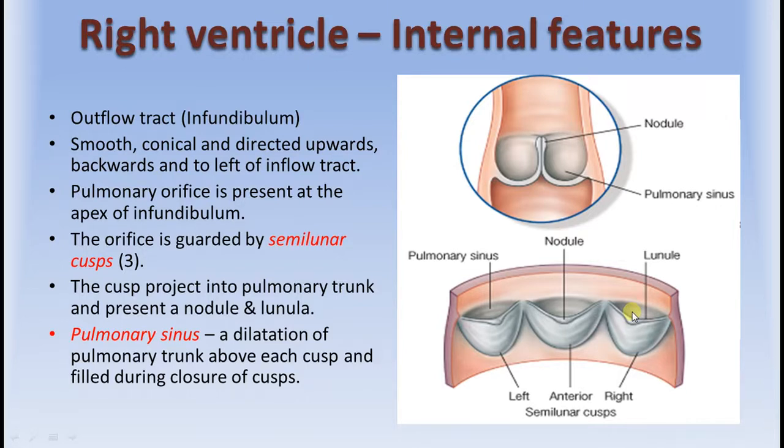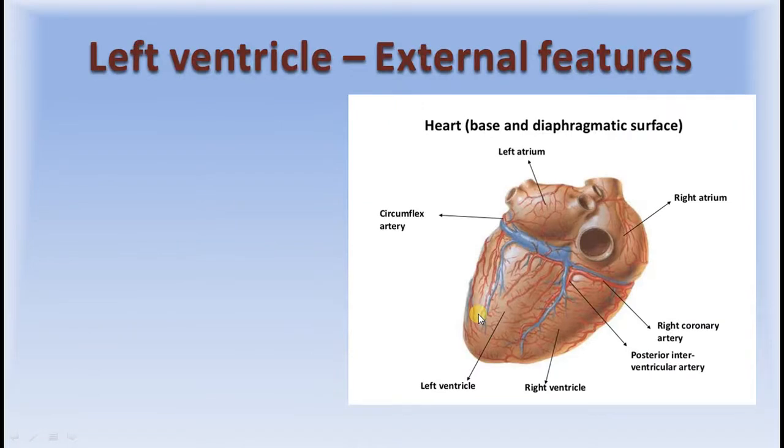They are semilunar valves or cusps, projecting above into the pulmonary trunk, and they present a nodule and then a lunula. Then above that opening you have a dilatation, which is called the pulmonary sinus. So we have discussed the right ventricle, its external and internal features.